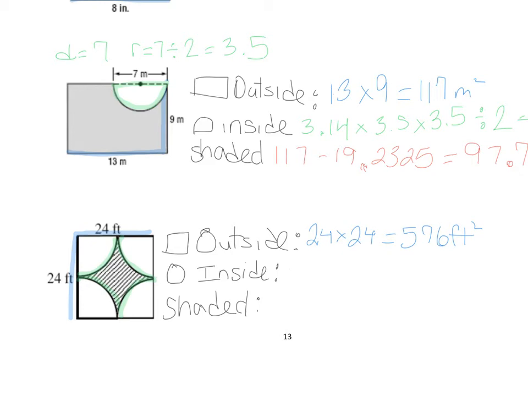So we know area of a circle is pi r squared. So we do 3.14 times 12 squared, or times 12 times 12, and we get 452.16 feet squared.